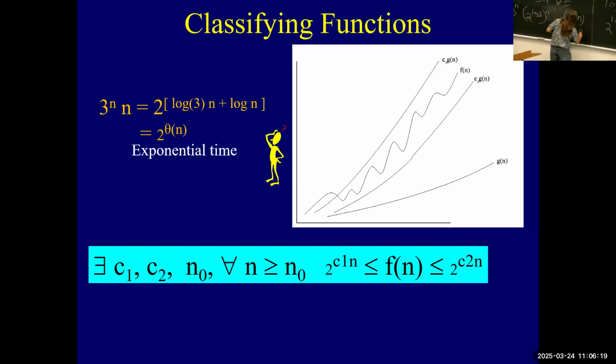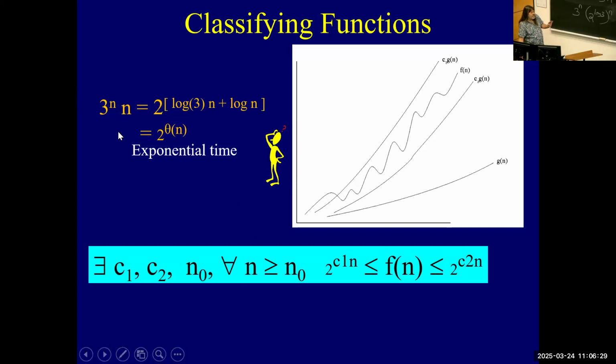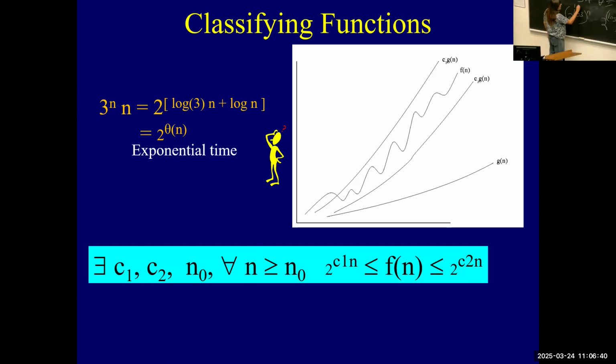And this is just 2 to the some constant c times n. I haven't done the other n yet. I'm just doing 3 to the n is 2 to the log 3 times n. And what is log 3? It's a little bigger than 1, so I'm bumping my c up a little bit from 1.